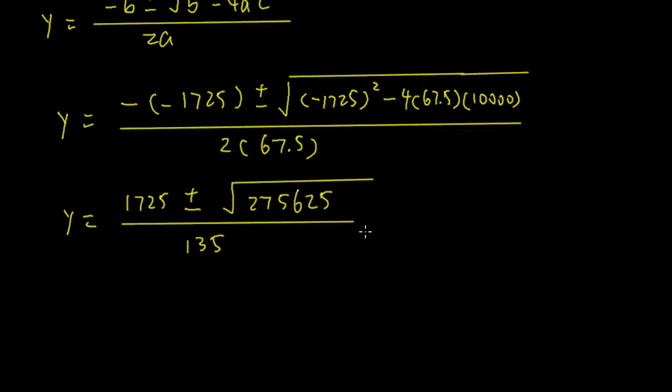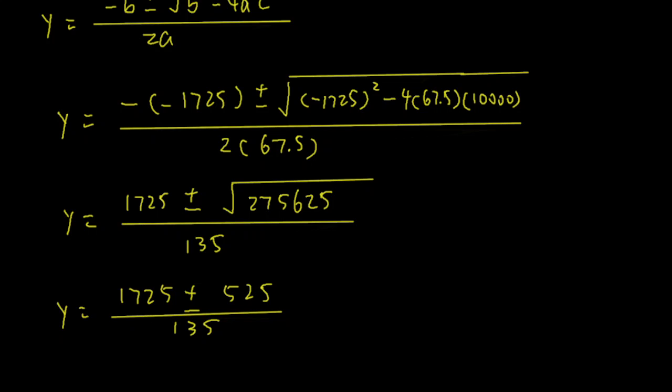Well, let's take the square root of this. We'll see if we can get a whole number, like an integer. Yeah, we can. So y is equal to 1725 plus or minus 525 divided by 135. So that's like 2 y values.